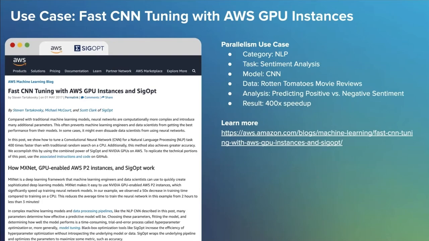So we have some examples of this. This is some joint work that we did with AWS, where we basically show the inherent speed up between moving a job from a pure CPU workload running sequentially to a GPU workload running in parallel.